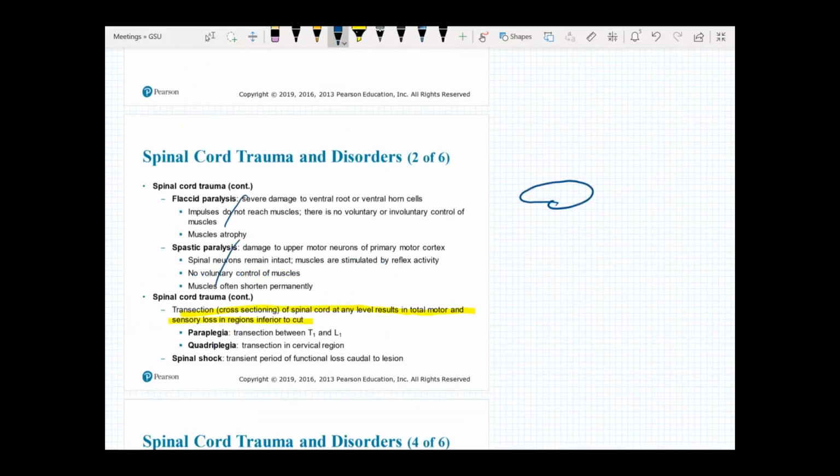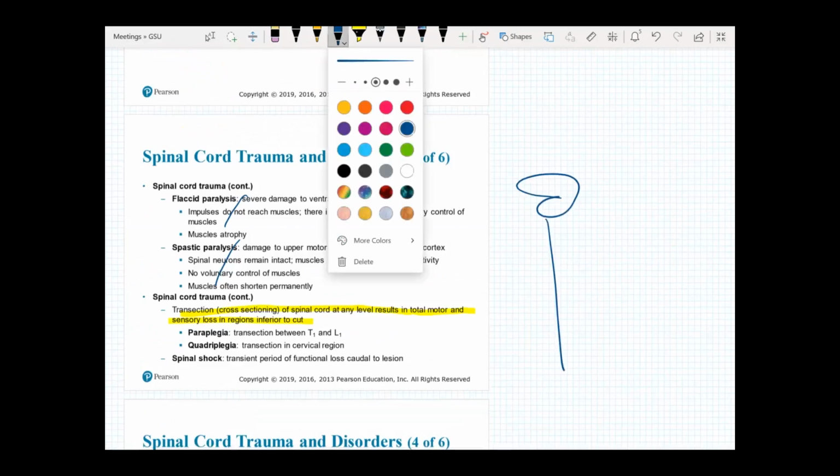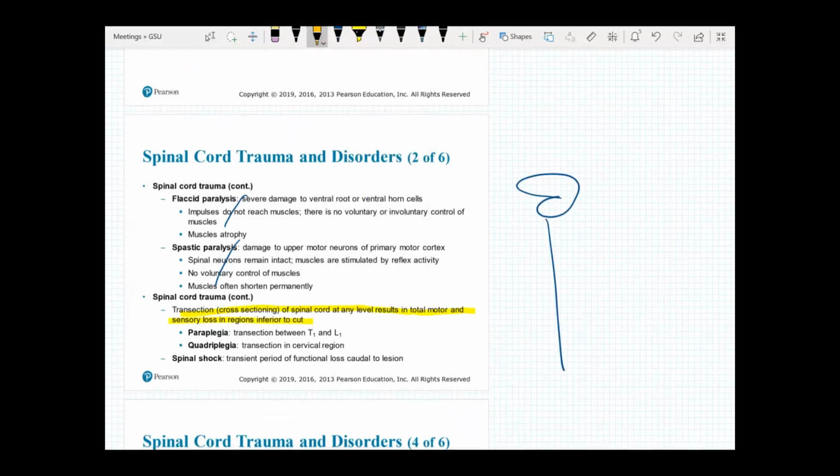So this is my brain and spinal cord, and I have damage right around the middle, right here. Any structure of my body that is below here is going to have loss of sensory and loss of motor. That is going to be paraplegia, which is when there's a transection between T1 and L1, which only results in the lower half of the body being paralyzed.